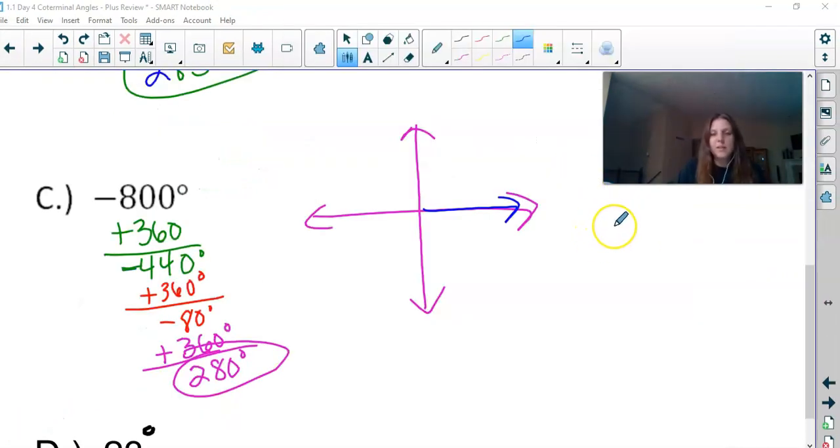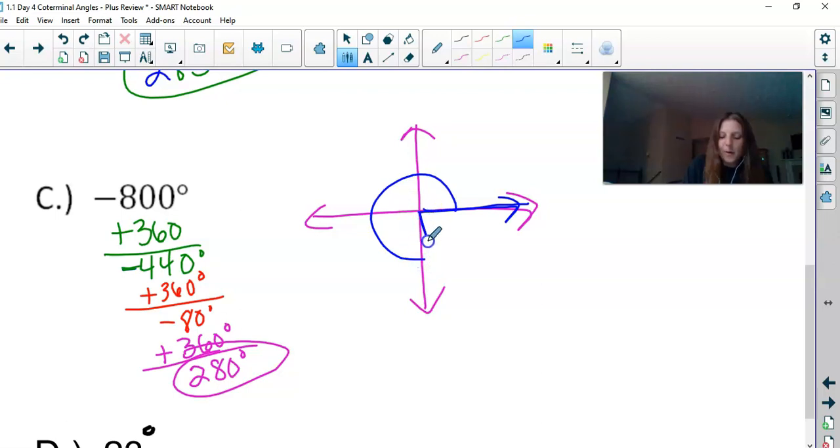You don't need to draw this diagram, but just to demonstrate what this is all talking about, 280 degrees starts at this initial side and rotates counterclockwise 90, 180, 270, and then just barely past would be 280 degrees. Okay, so that's the rotation around this way.